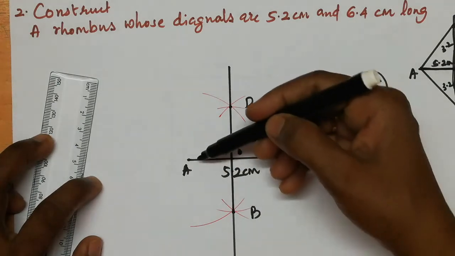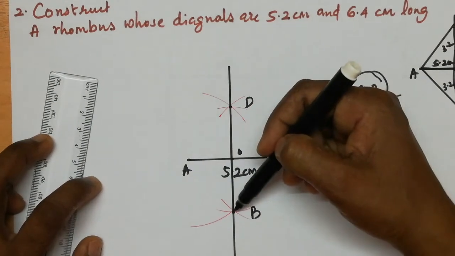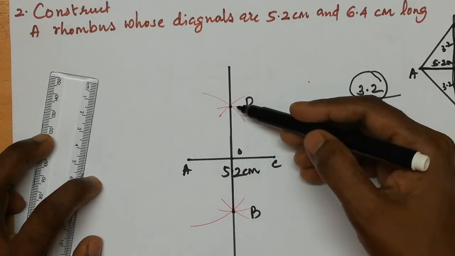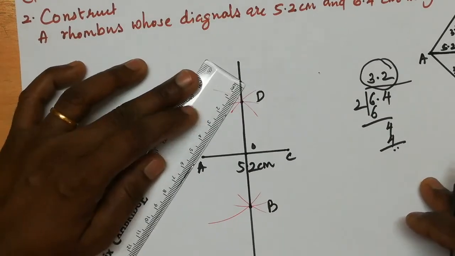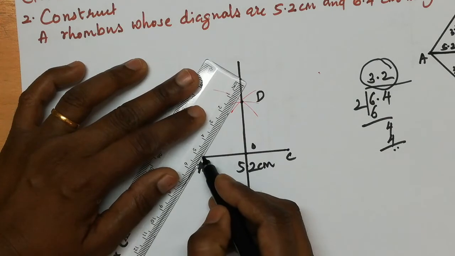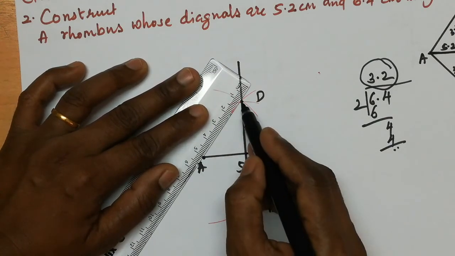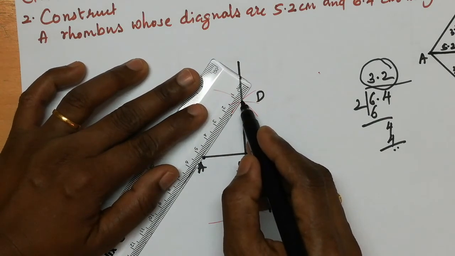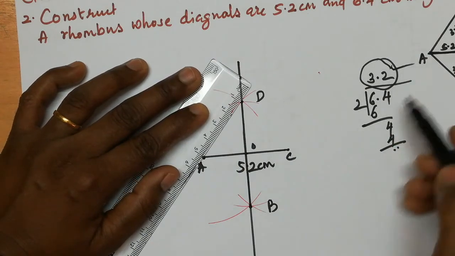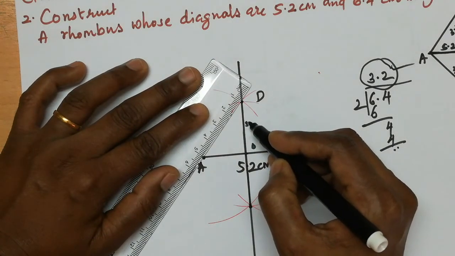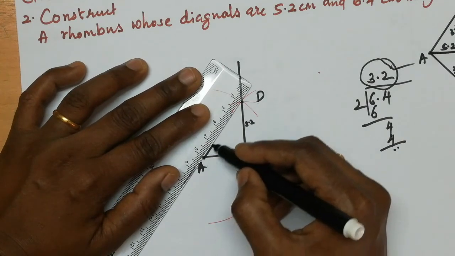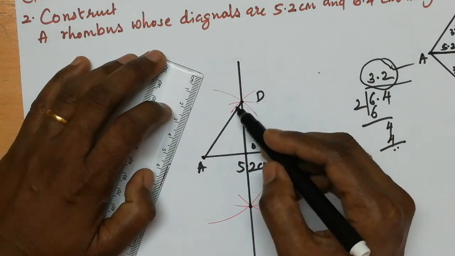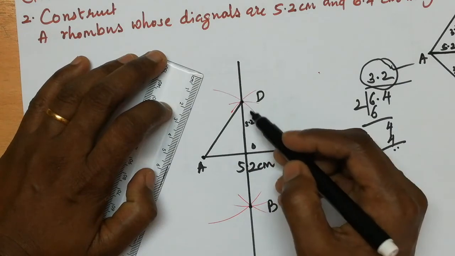Now we can easily join AB, AD, DC and BC. Pointing at O, this arc we cut with 3.2 centimeter. We have to join that one, not the intersecting arc.